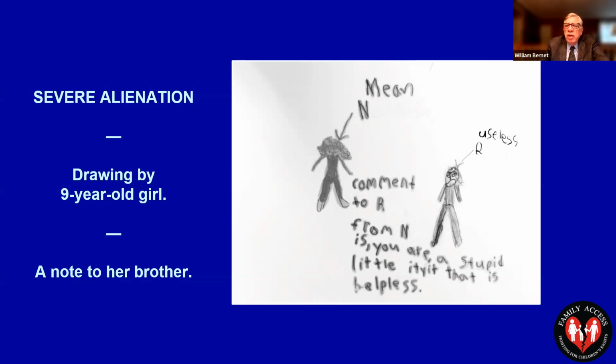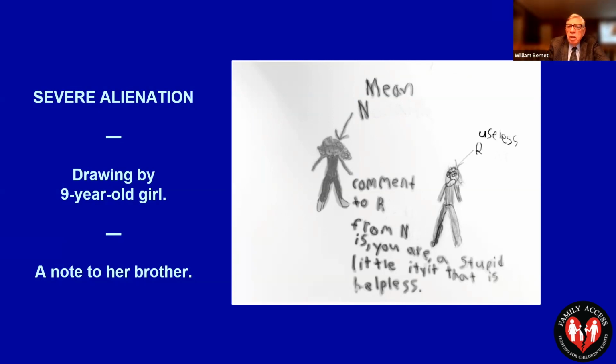In other words, see where it says N, that's the girl who's drawing the picture. And then her sibling is R, where it says useless R. I'm not sure what their actual names were, but in the picture she's saying comment to R from N. So we removed the actual names.